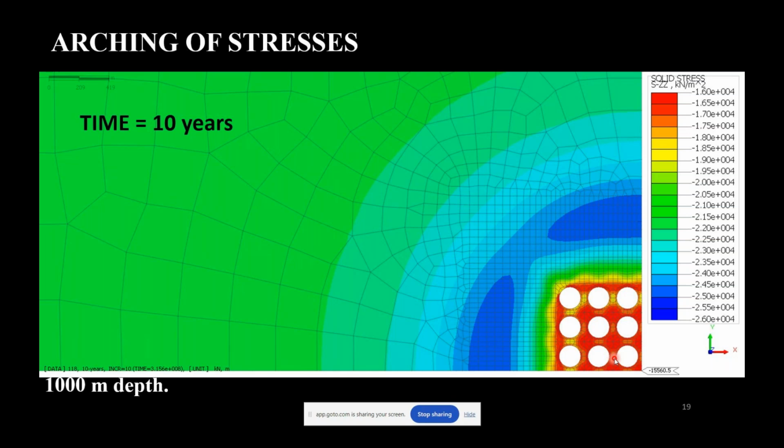As they deform following the pillars, we are mobilizing more shear stresses in the overburden rocks, and these shear stresses transfer the load from the mining field to the unmined area. This is a kind of self-stabilizing mechanism of the salt cavern field. The more it deforms, the more the overburden works and transfers loads to the unmined areas.